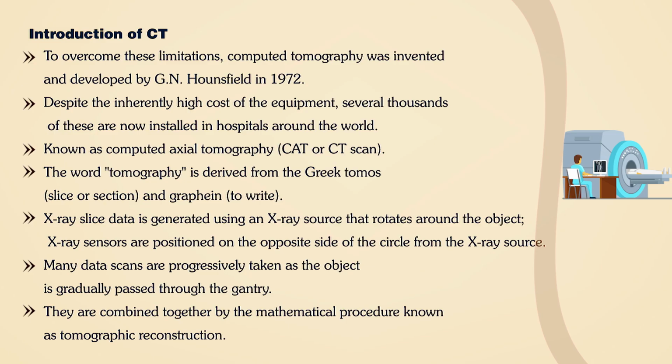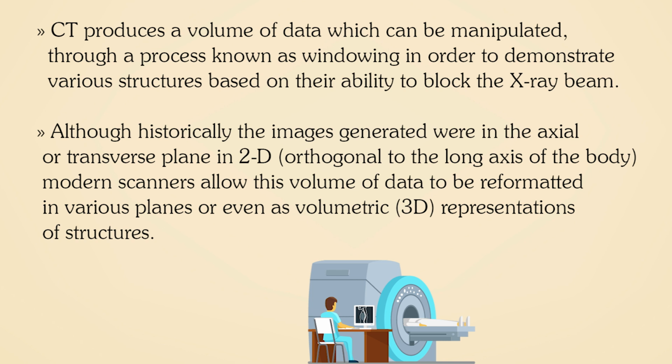They are combined together by the mathematical procedure known as tomographic reconstruction. CT produces a volume of data which can be manipulated through a process known as windowing in order to demonstrate various structures based on their ability to block the X-ray beam.